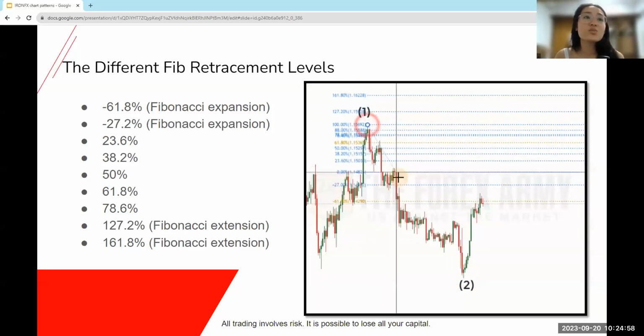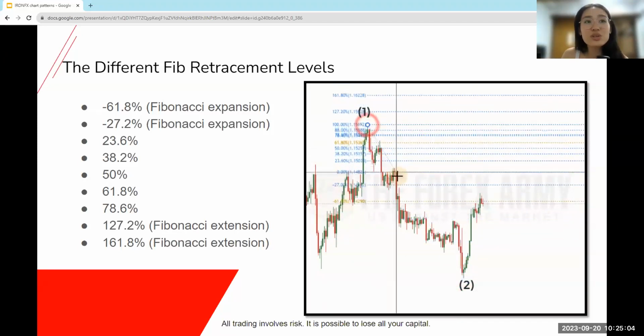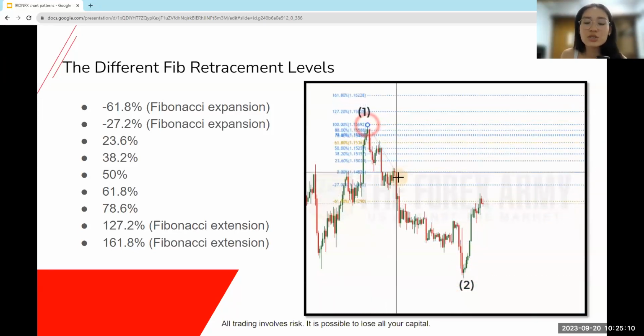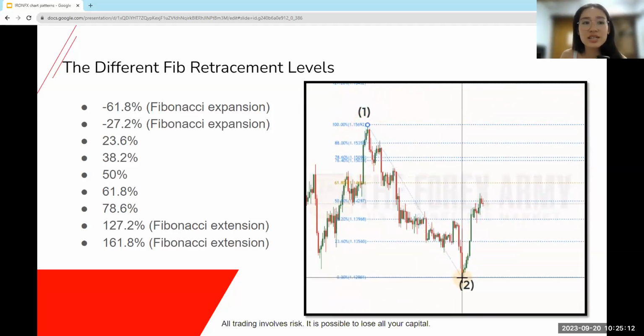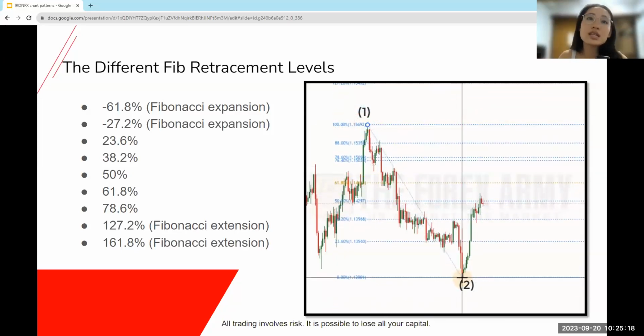Okay, so we have the different Fibonacci levels here. And if you've been with us for our previous Fibonacci series, we go through in depth the Fibonacci retracement, expansion and extension, as well as projection levels. But for now, I'm just going to briefly go through the retracement levels.